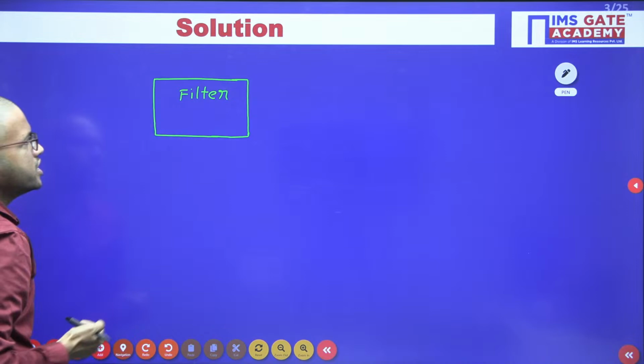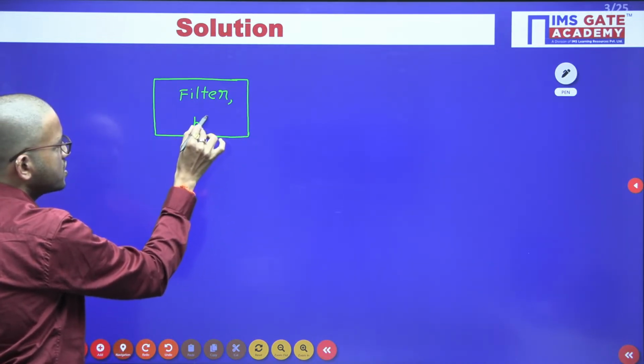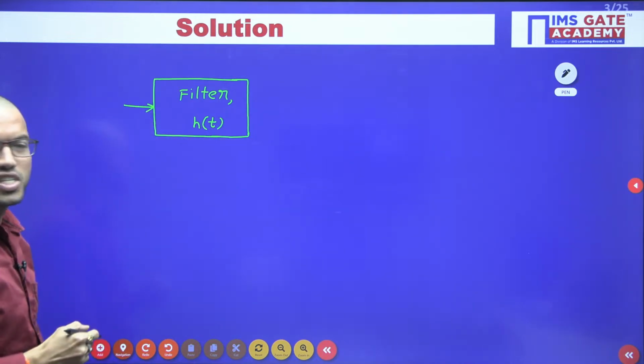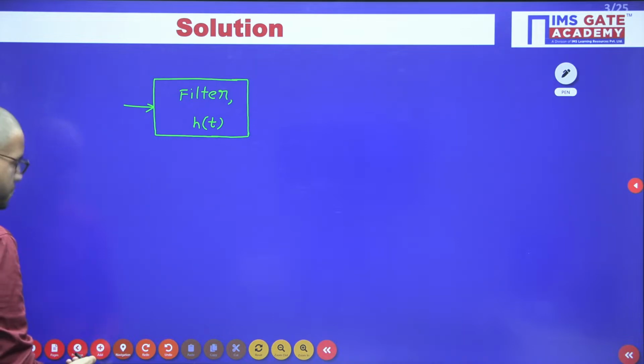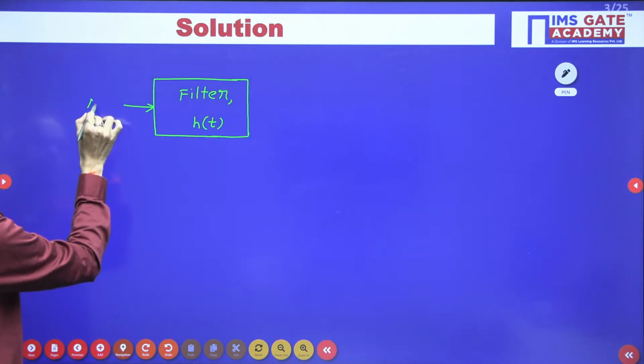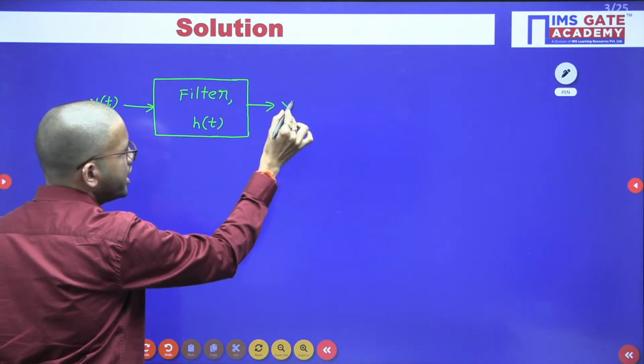Here they have considered one filter with an impulse response h of t. For this filter, the input is the white Gaussian noise n of t, and the corresponding output is labeled y of t.